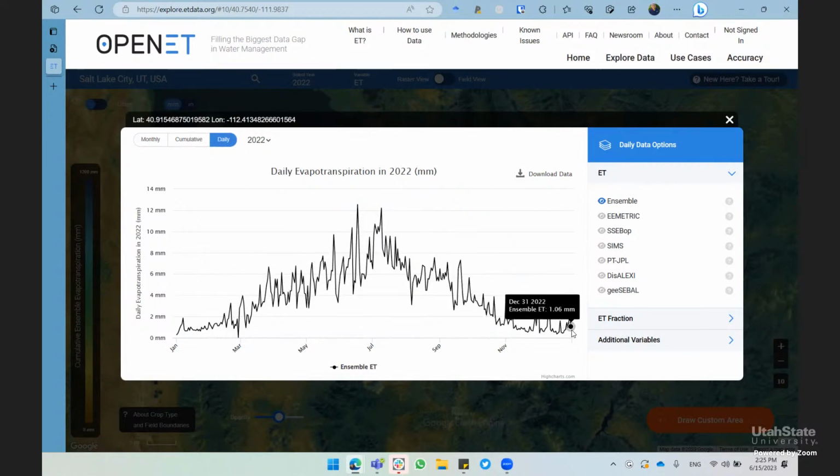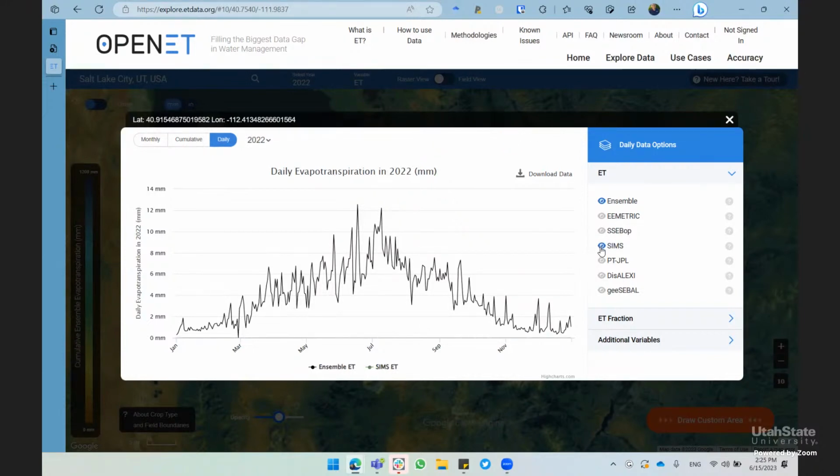For now, it's irrigation accounting. What happened last year? What happened 5 years ago? But for irrigation management, day to day, they are still working on that. So in the future, next year, we will have up to yesterday estimations of daily ET.